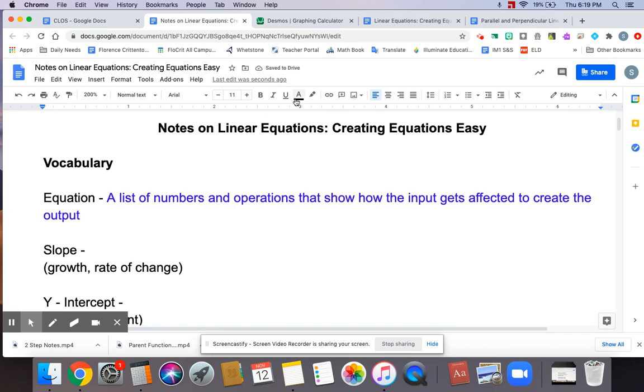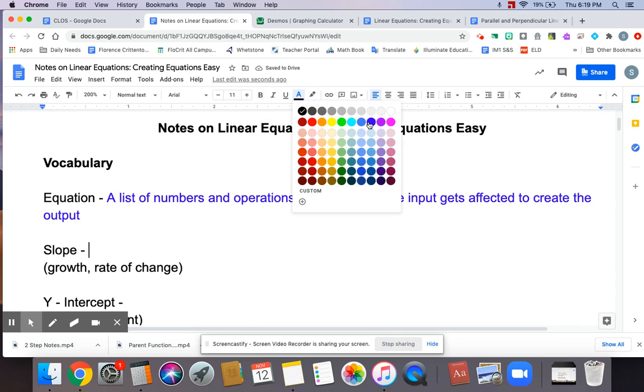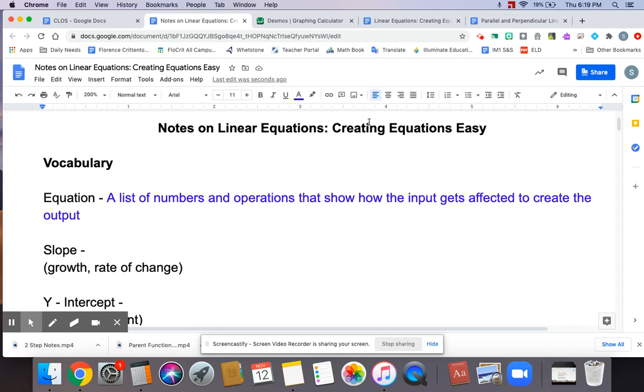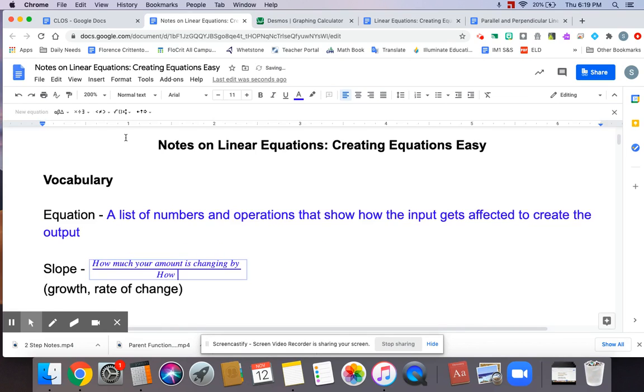And in linear equations, because that's the type we're working on, we have something called slope. If you remember from the last lesson, slope is how much your amount is changing by, divided by how much time is going by.